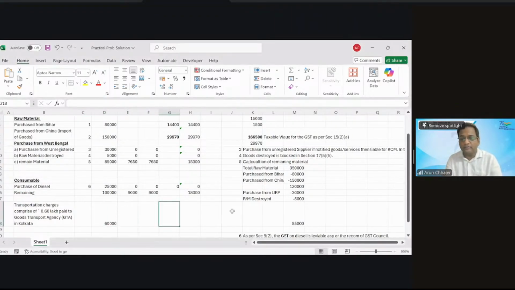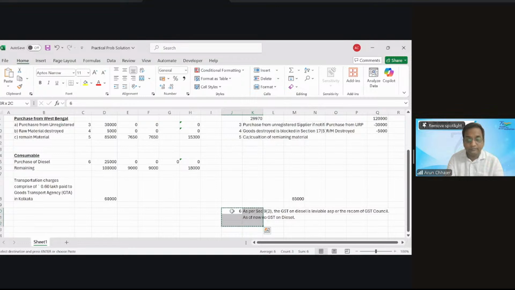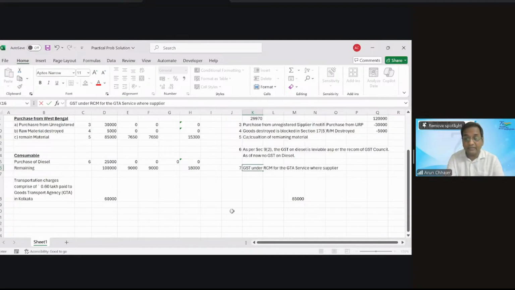So we can write small. I can say that GST under RCM for the GTA services where the supplier is located in Kolkata and the recipient, being a registered person, is located in Kolkata, and therefore POS is Kolkata.